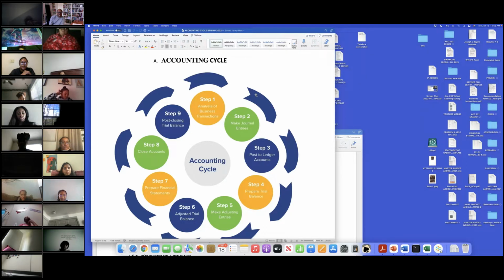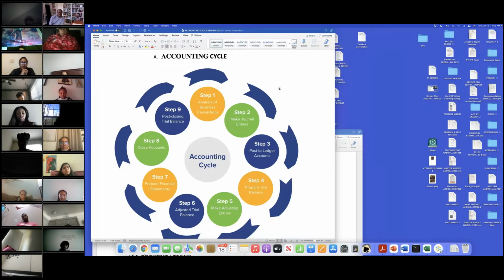Well, the beginning retained earnings is calculated as the difference between all of the accounts with debit balances and all the accounts with credit balances. You have the accounts listed, add up the debits, add up the credits, and the difference is the retained earnings. Typically the credits exceed the debits, so retained earnings has a beginning credit balance.